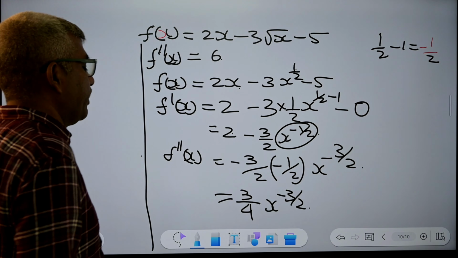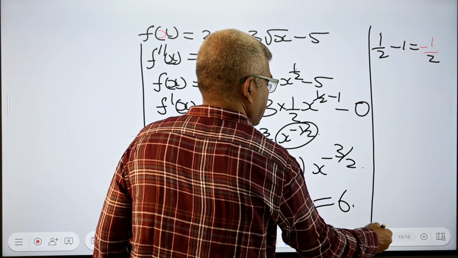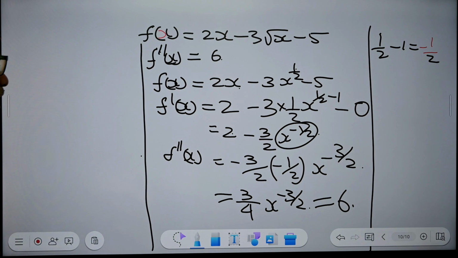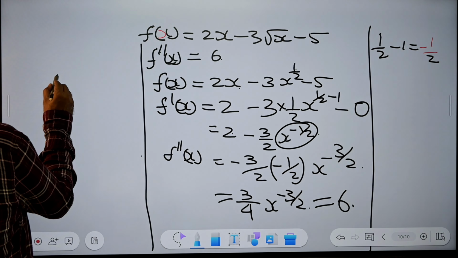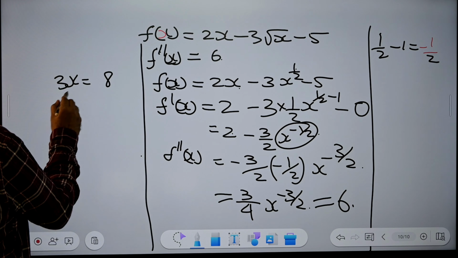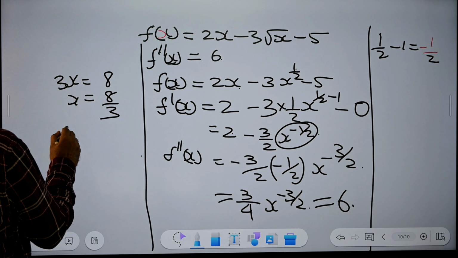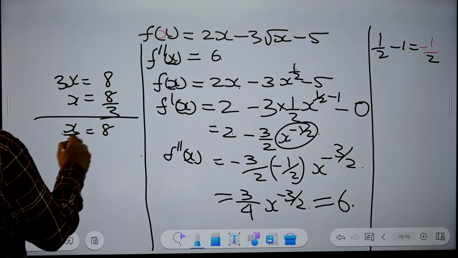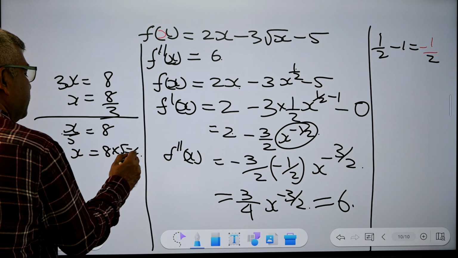But they gave f double dash x is equal to 6. How to do it? We want the x value. Generally some people don't know. Suppose 3x is equal to 8, what is the x value? If it is multiplication, here you have to divide. x by 5 is equal to 8, what do we have to do? If it is division, you have to multiply. x is equal to 8 times 5, 40.